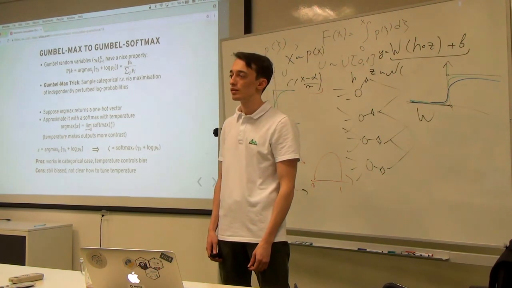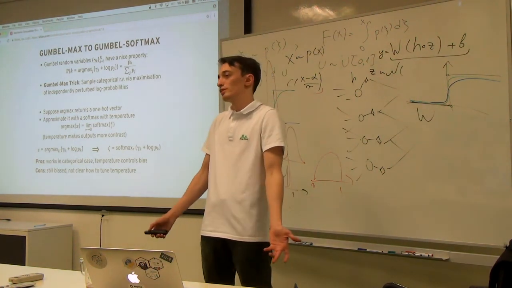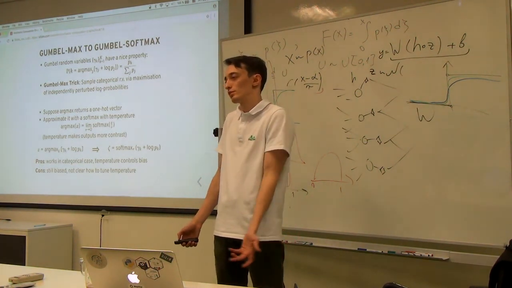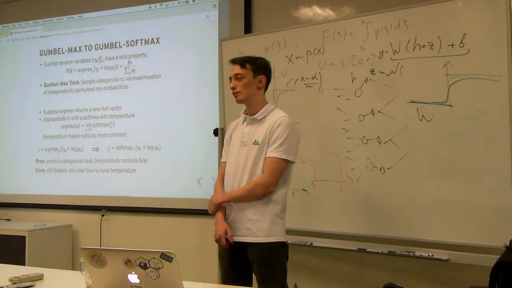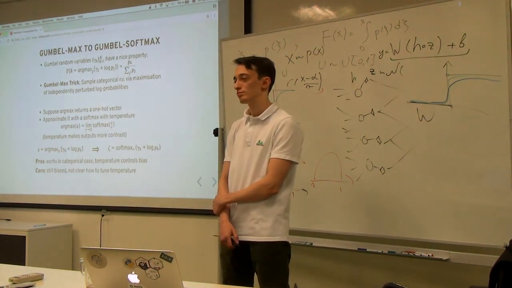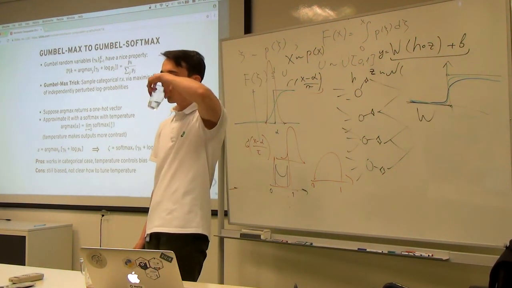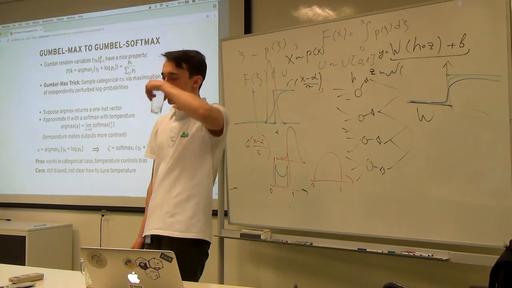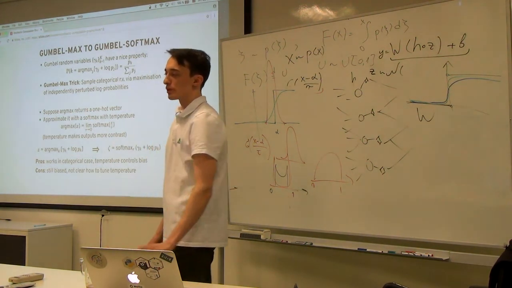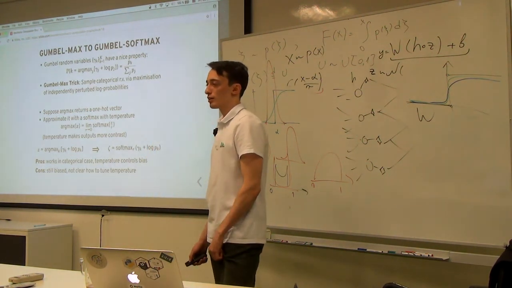What are the problems in this case? The problem is that it's not clear how you even choose the schedule. You try a fixed tau, then you try annealing tau, and you have some problems with it. Which one? What do you see?